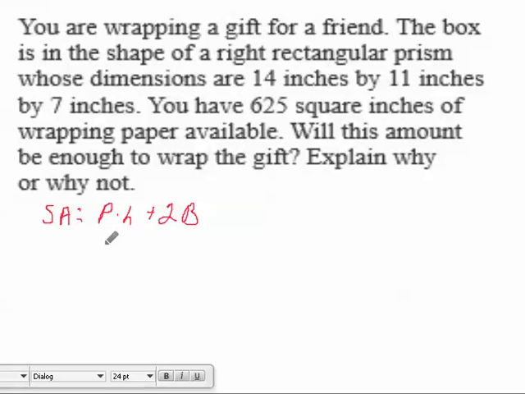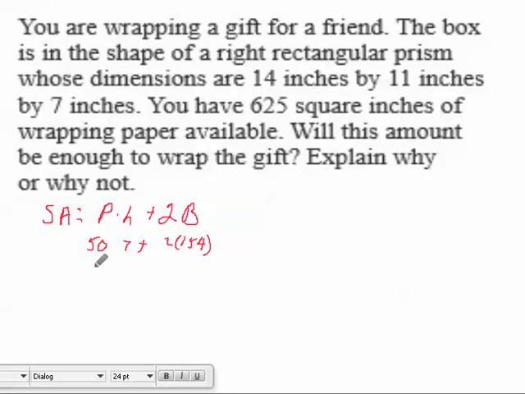So if we're looking at 11 by 14 by 7, let's say the 11 by 14 is the base. Then we're talking about 154 square inches on the base, and there are 2 of those. And our perimeter is going to be 50 inches, and our height is 7.